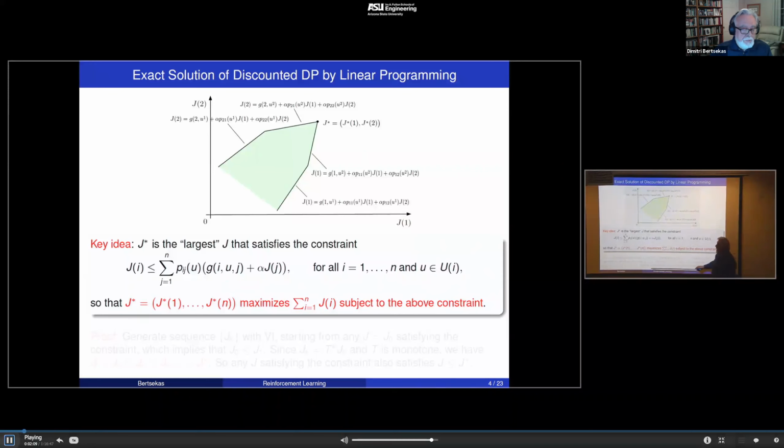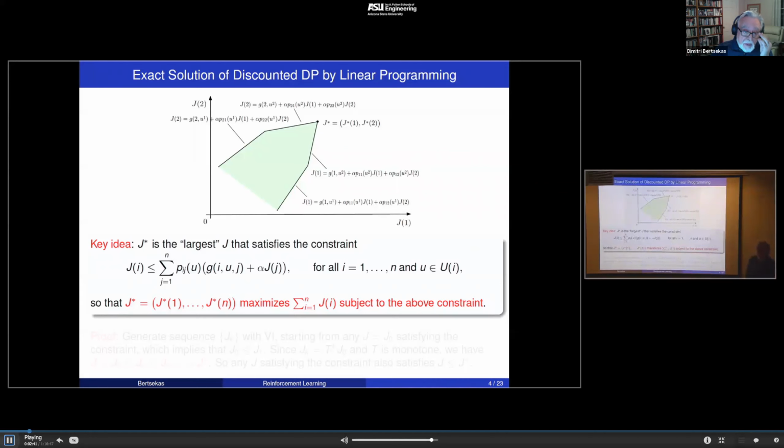And the claim is that J star, the optimal cost vector, maximizes the sum of the components of J. There could be also other positive coefficients here. And J star maximizes this linear expression subject to these linear constraints. So J star can be obtained by solving this linear program, according to this claim.